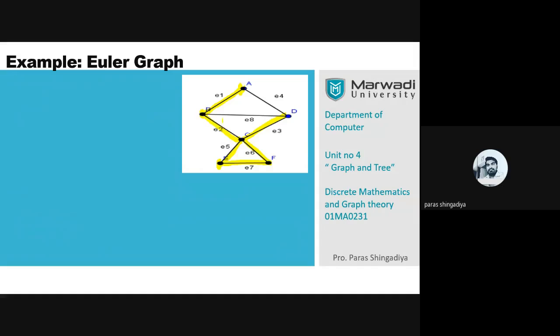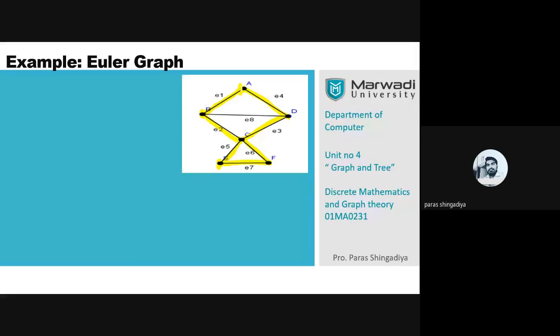If you cover E8, then you will reach B. And from B, your journey will end, because you cannot use E1 again to reach back to A. Otherwise, you have the second possibility: move on E4 and you will reach back to vertex A. So it becomes a closed walk right now, but not an Euler line.